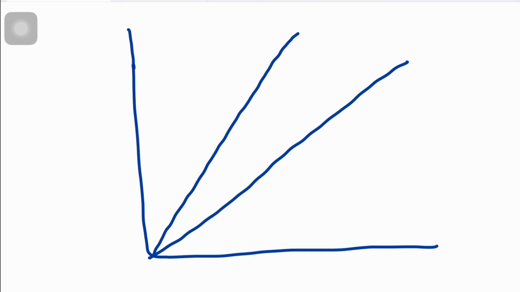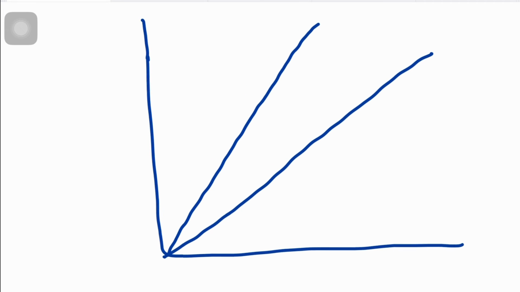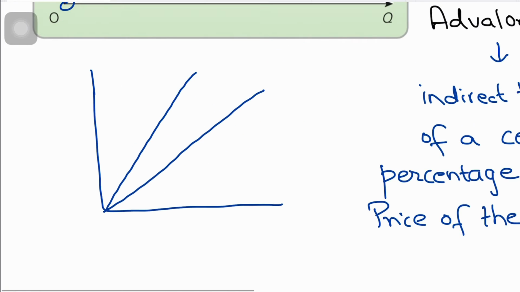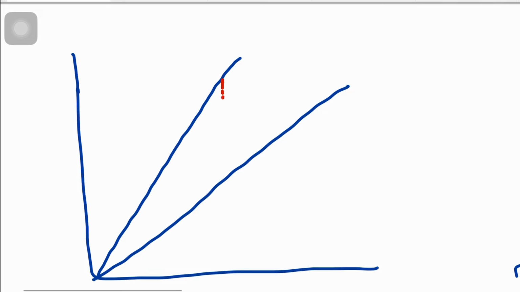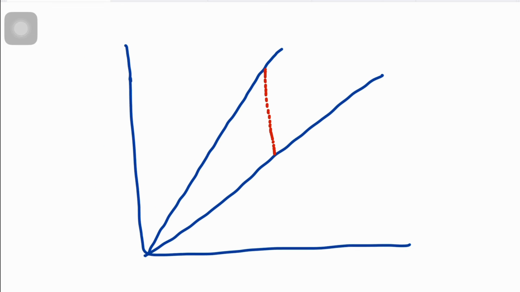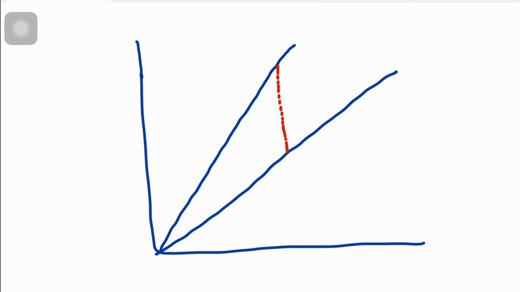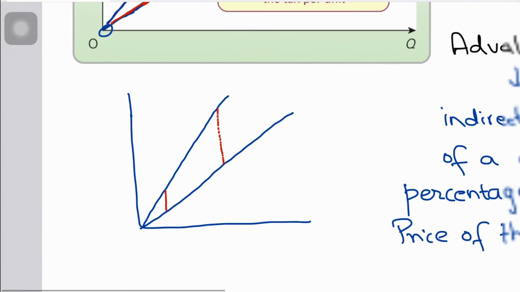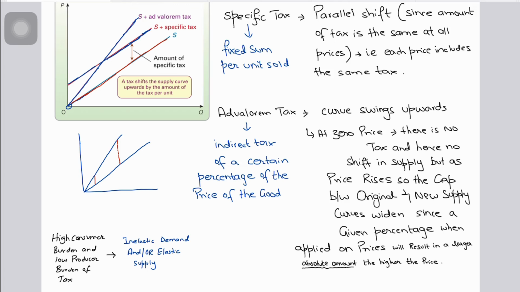Over here you can see the vertical distance represents a higher tax value. At higher quantities and higher prices, you end up with a higher tax value. At lower quantities and lower prices, you end up with a lower tax value. And this is basically your ad valorem tax.